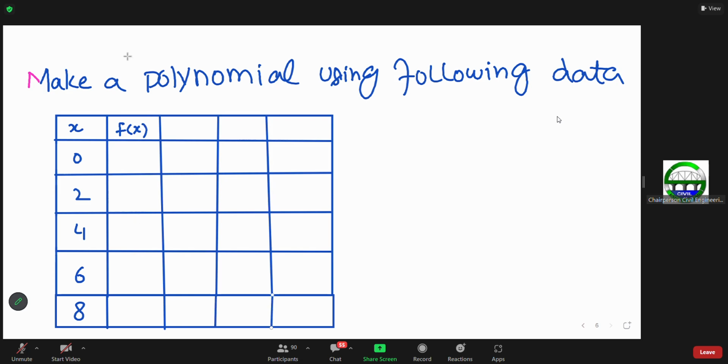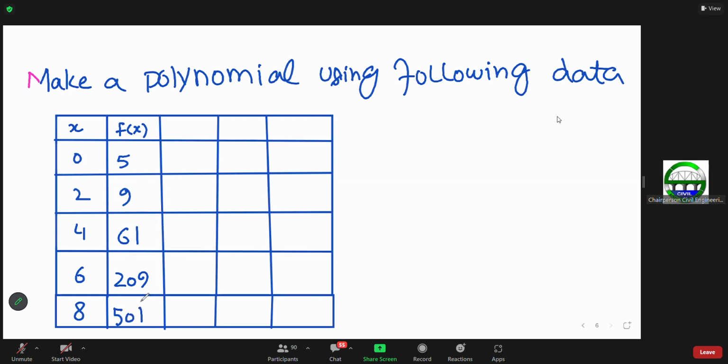Okay, so now I am good to go. The f of x values are 5, 9, 61, 209, and 501.